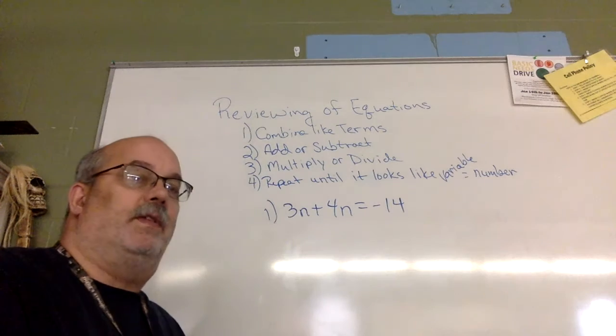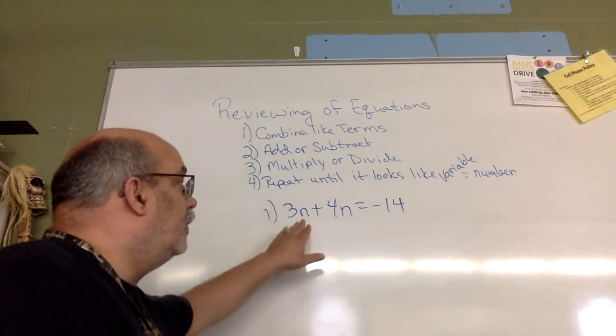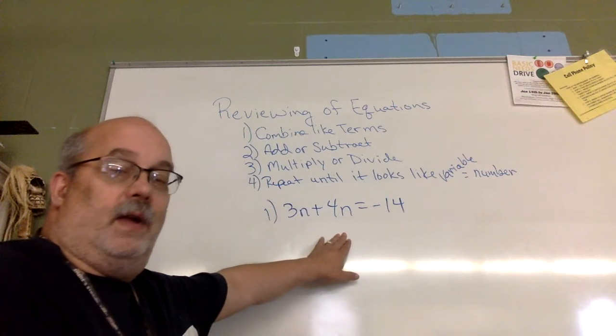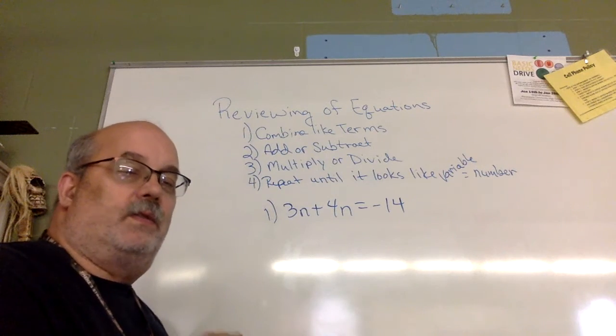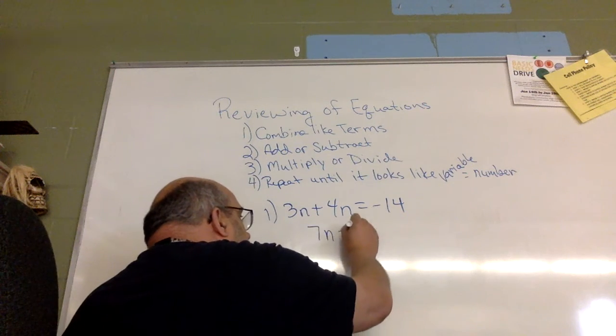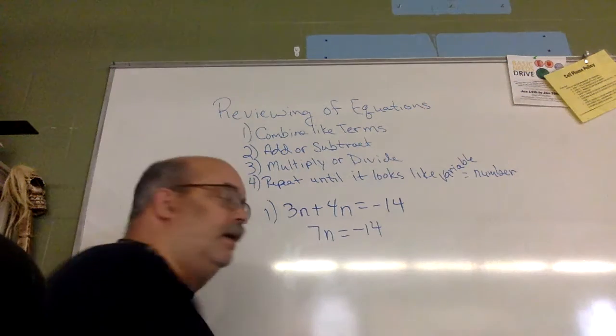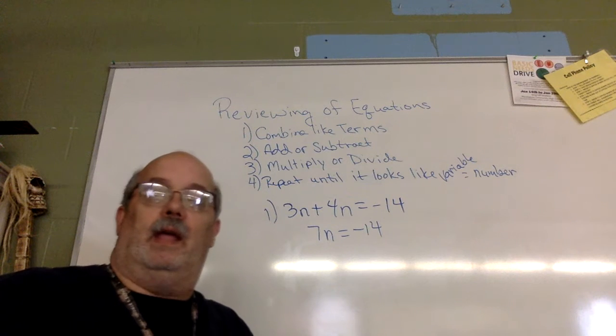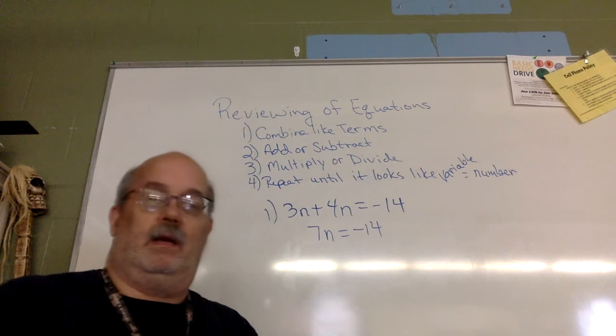So we're going to start with combining like terms. We have a 3n and a 4n. They both have n's, so we're going to put those together. So now we have 7n equals negative 14.